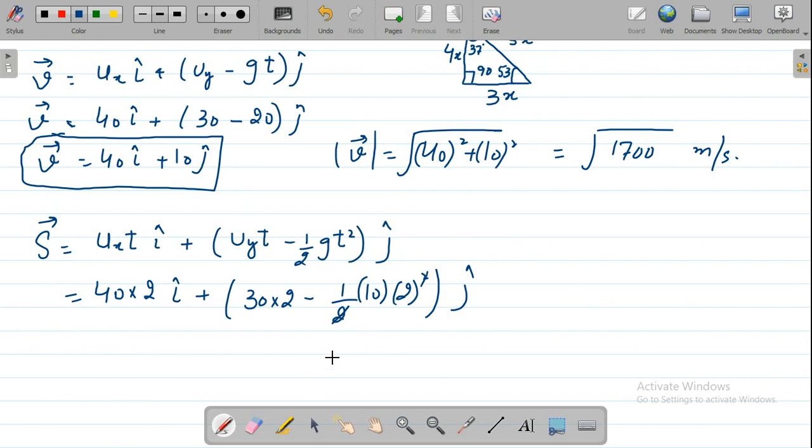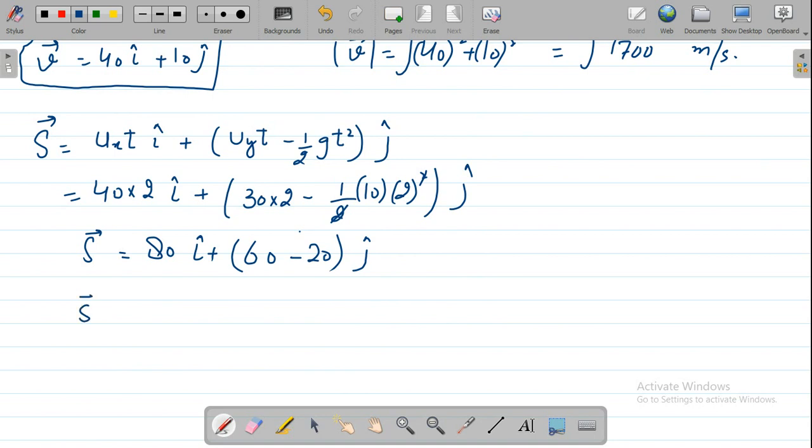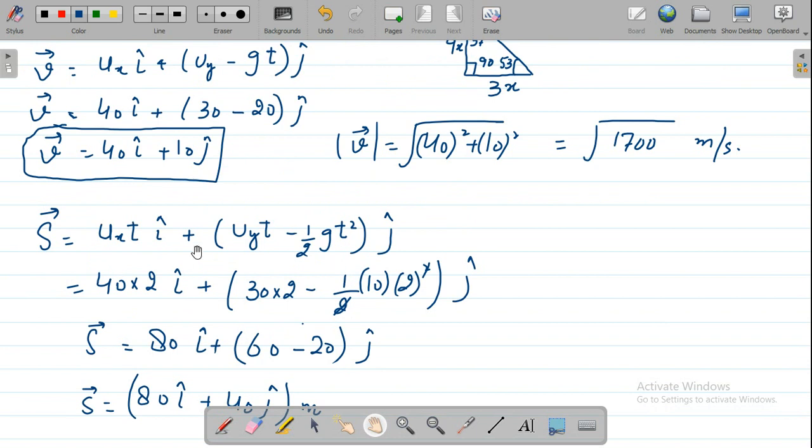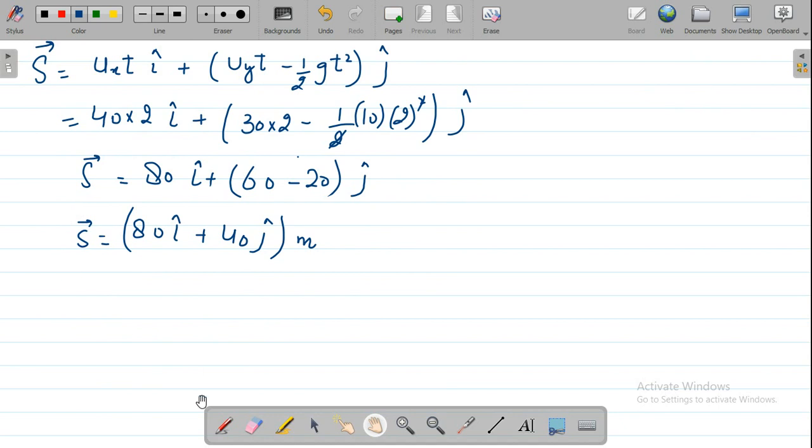Here 1 2 cancels, it's 60 minus 20 j cap, and this is 80 i cap. This is s, that is displacement. So displacement is 80 i cap plus 40 j cap in meters. So this is the displacement.